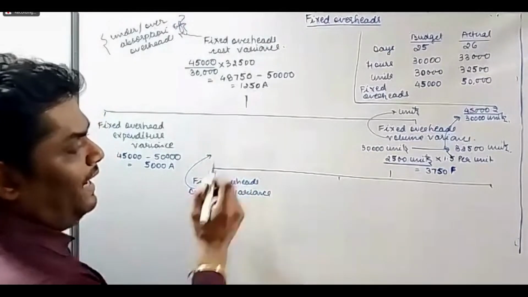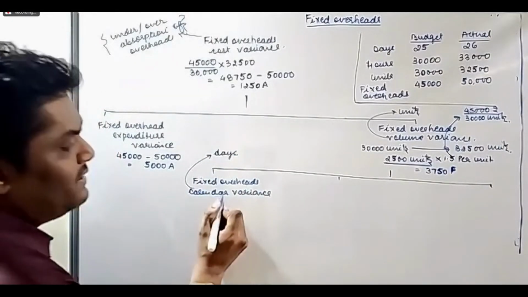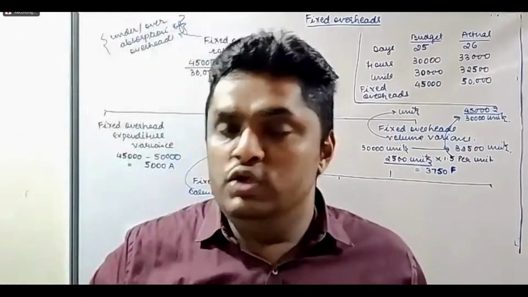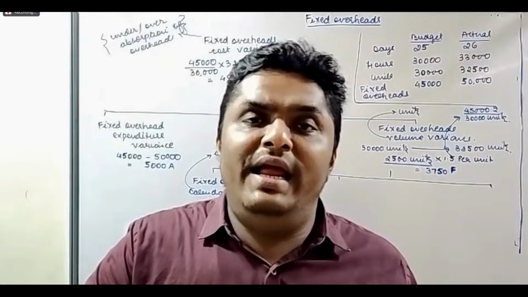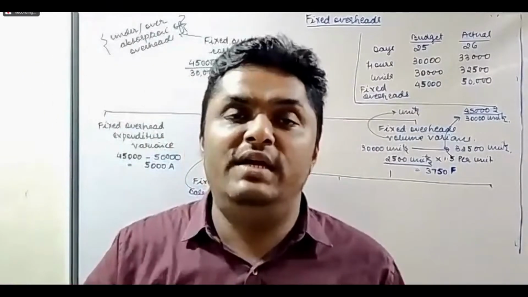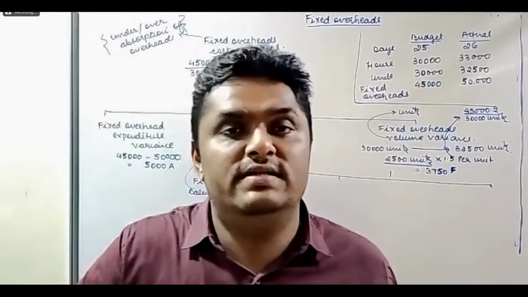When talking about calendar variance, it talks about days. So let's start with calendar variance. The company set up the target that in a month we will work only for 25 days.